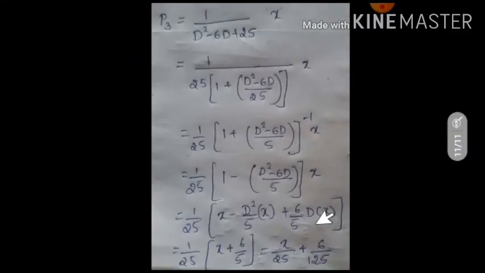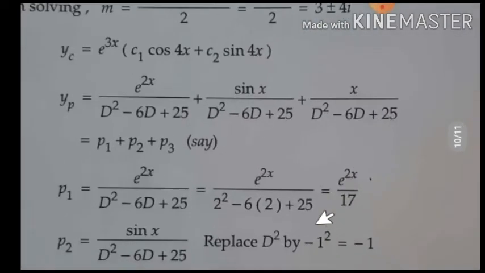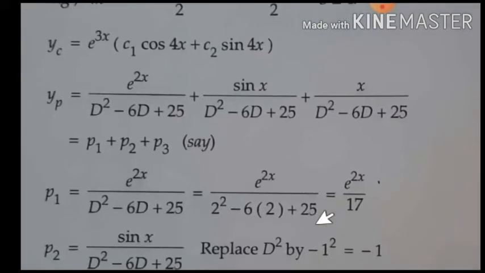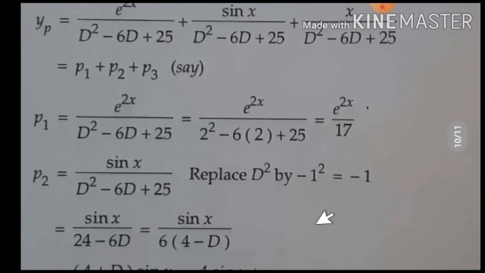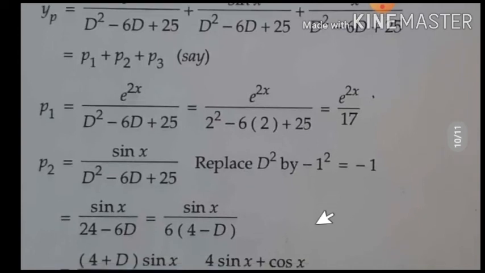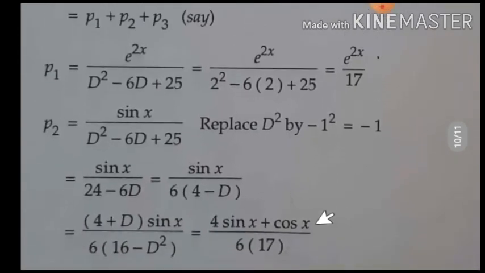So let us calculate. Now P1 first. What is P1? Using 1 by f of D e to the power of 2x. Type 1. Replace D by 2. Yes or no?